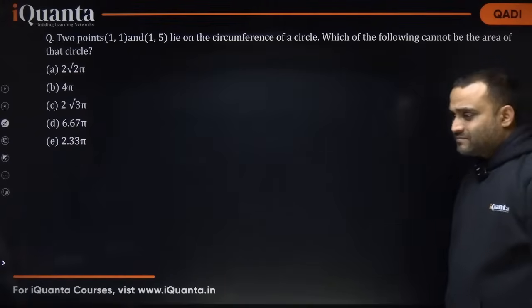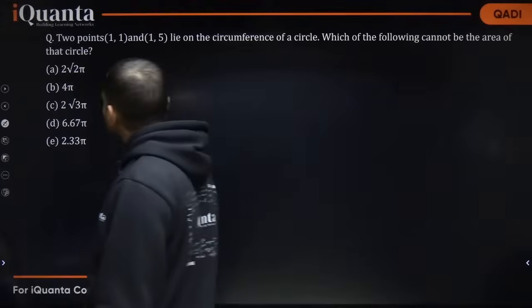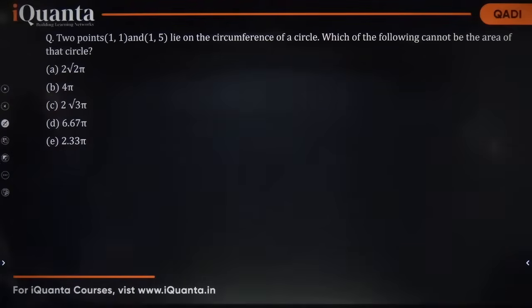I think something is wrong with this question. Two points lie on the circumference. Wrong with the options actually, not the question.